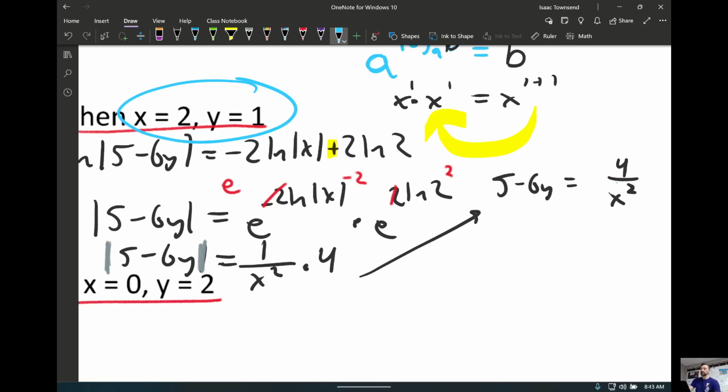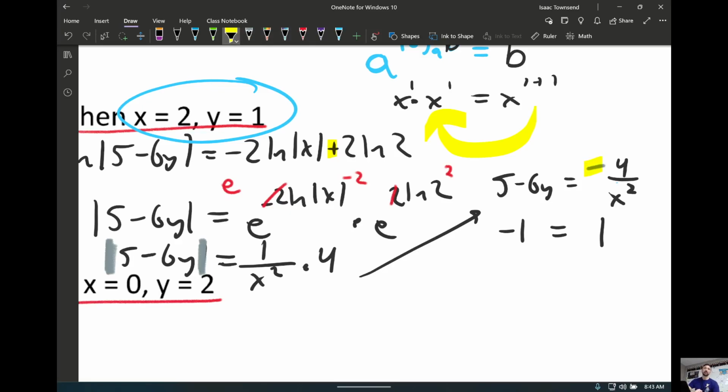So if I plug in 1 for y here, this becomes negative 1 on this side, and if I plug in 2 for x on this side, I end up with positive 1. So notice these are not equal. It's supposed to go to this point and it's not going to this point. So for this question, it happened to be that the stuff under the absolute value sign was equal to the opposite of the other side.